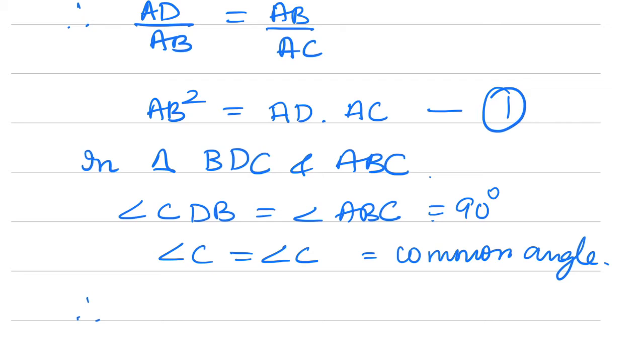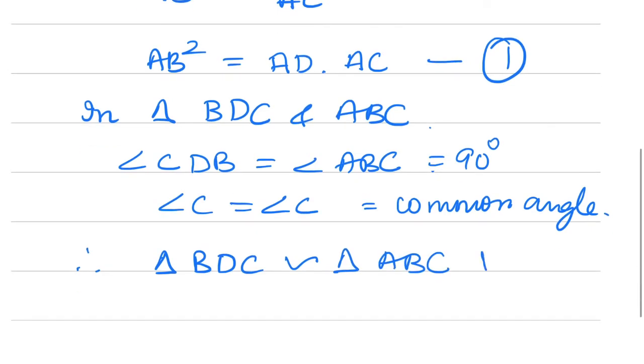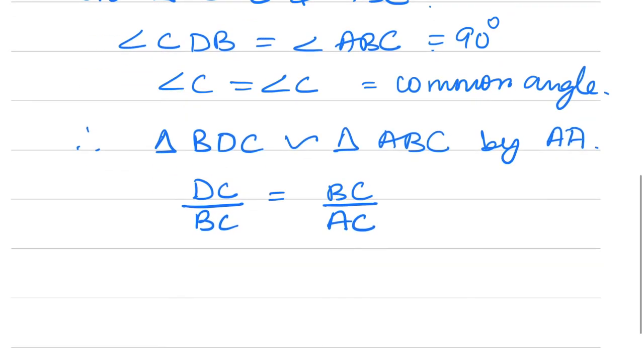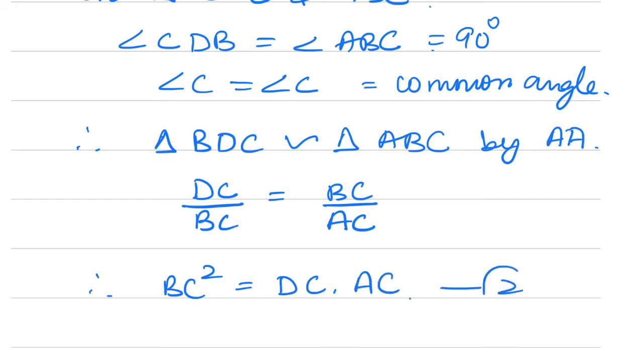Therefore we can say that triangle BDC is similar to triangle ABC by AA property of similarity. So I can say DC by BC is equal to BC by AC. So therefore we can say that BC square is equal to DC into AC. This is the second equation.